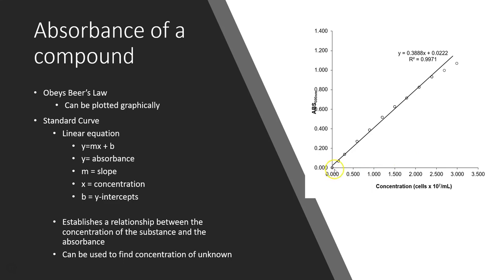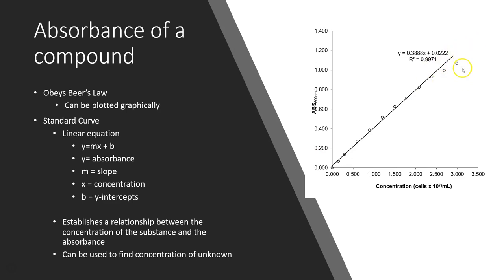So there will be an unmeasurable difference in absorbance. That will happen for very, very small concentrations until you reach the linear range of the curve, where there is a direct relationship between the concentration and the absorbance that follows Beer's law.